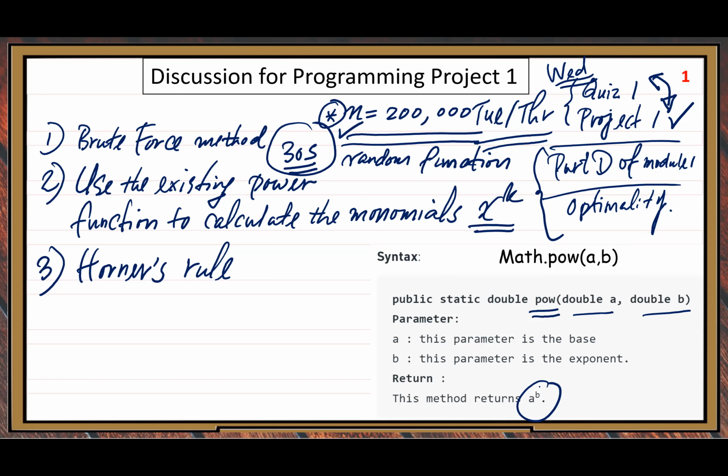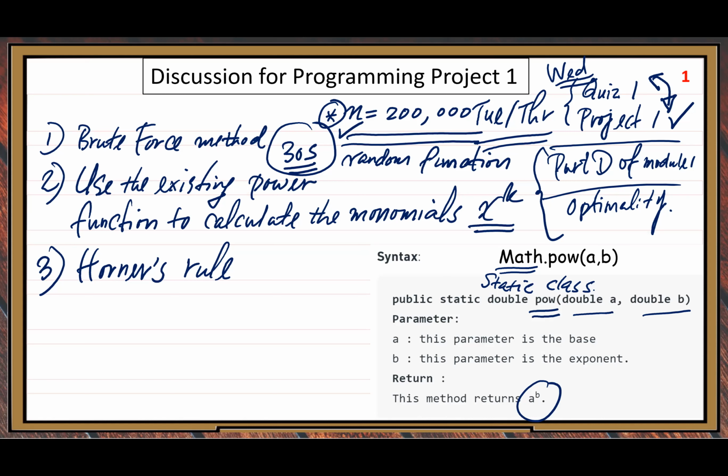Math, with capital M. Why capital? Because this is a method in a static class. Math is a static Java class. Do you know the concept of a static class? When you refer to a static class, you do not need to create an instance. In Java, when you need to use a certain method from a non-static class, you need to create an instance first, right?